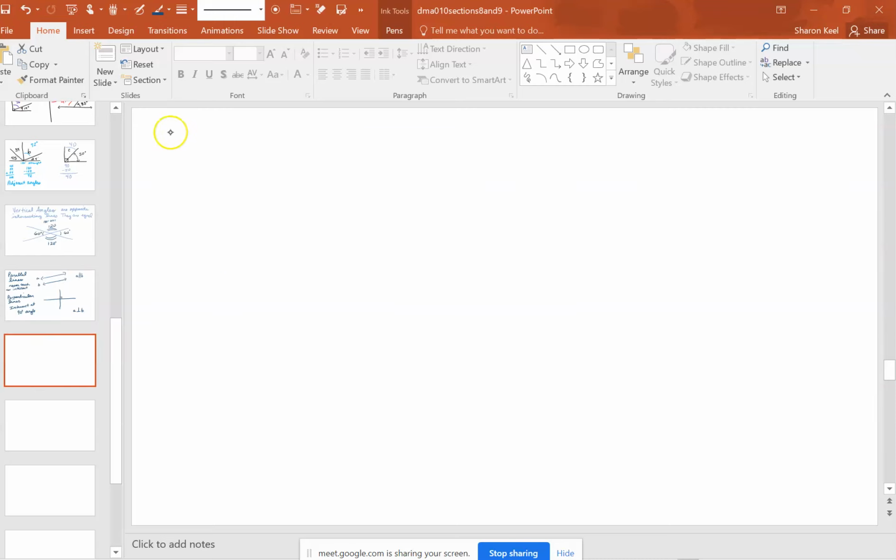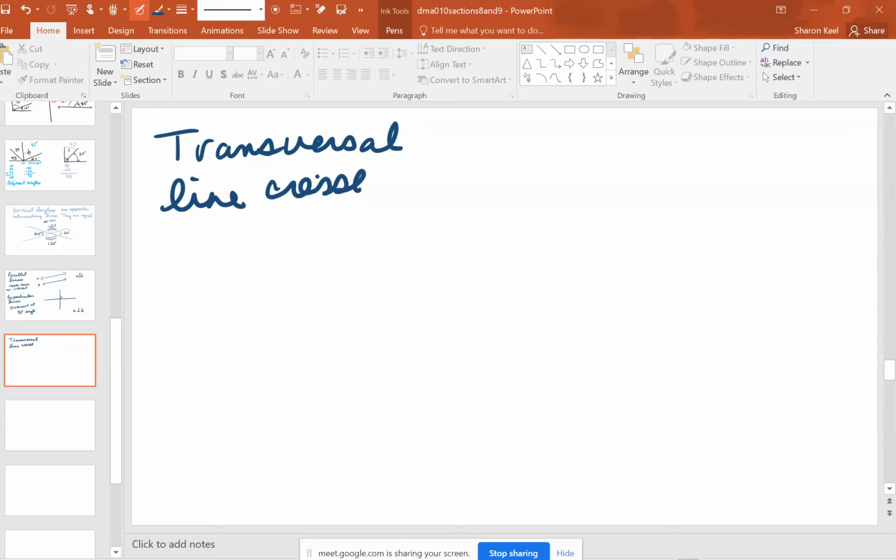There is a word called a transversal. A transversal line crosses, in this case, two parallel lines.